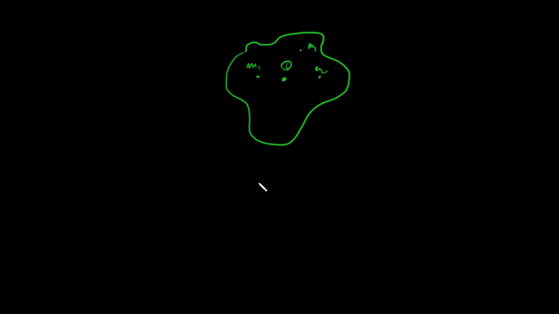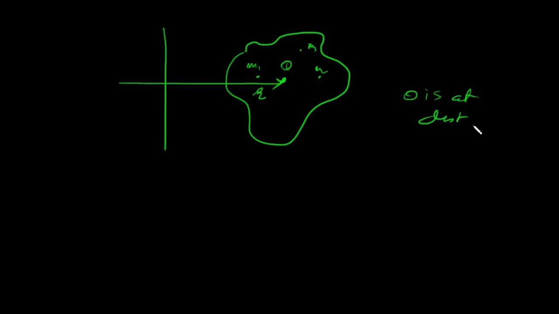What do I mean by this? For example, if we take just this body and we take this axis, say this is the axis. Now O is at a distance r from the axis.